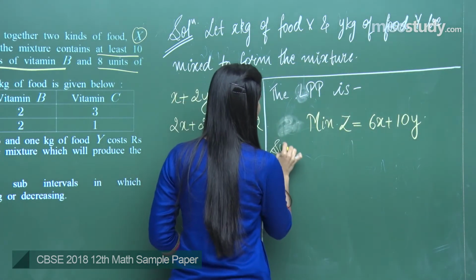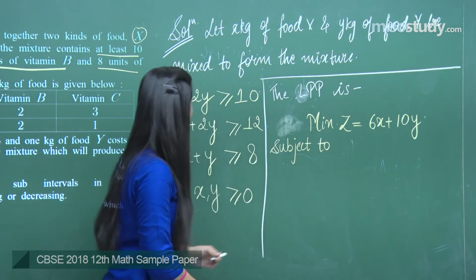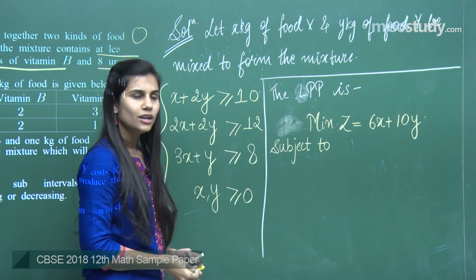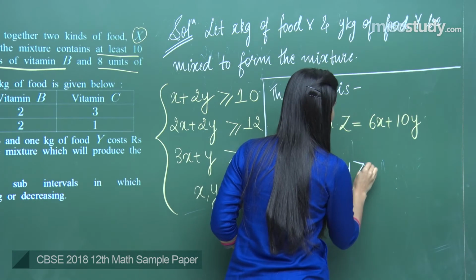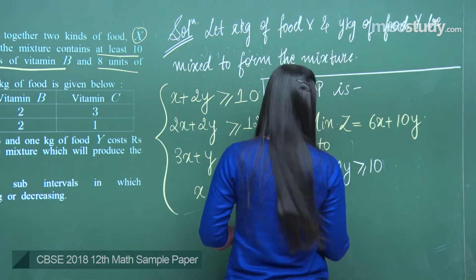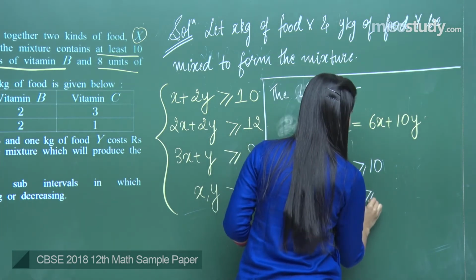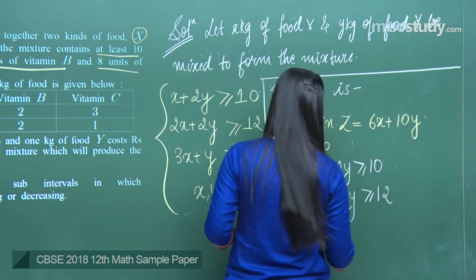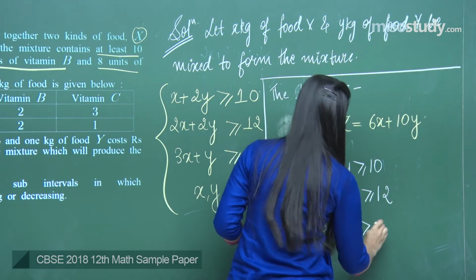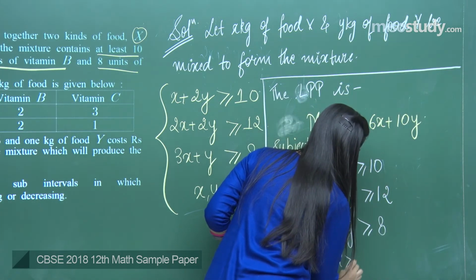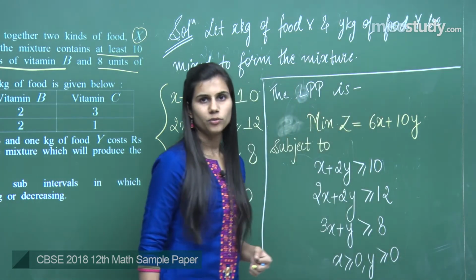subject to what all constraints? All these constraints, which are X plus 2Y is greater than equal to 10, 2X plus 2Y is greater than equal to 12, 3X plus Y is greater than equal to 8 and X is greater than equal to 0, Y is greater than equal to 0.